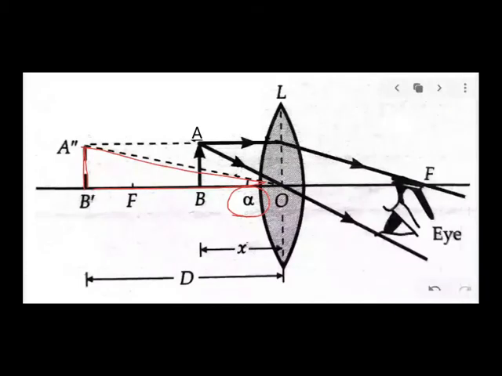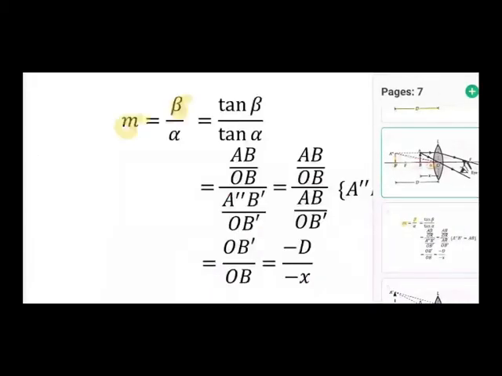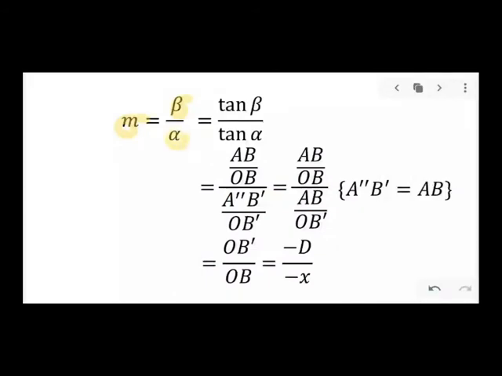This is my object. It makes an angle alpha. So I have written alpha. Now beta and alpha are very small angles. So instead of beta and alpha, I can write tan beta and tan alpha.